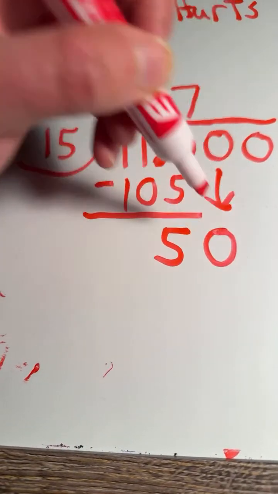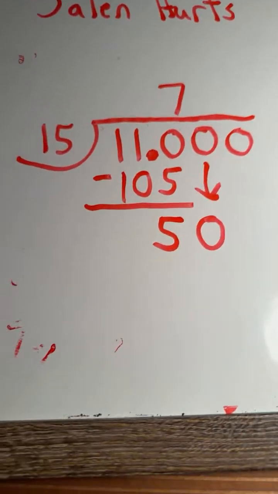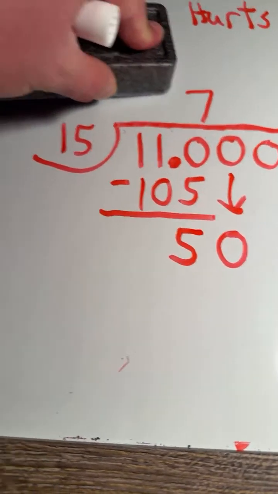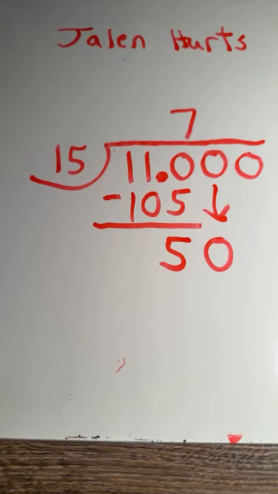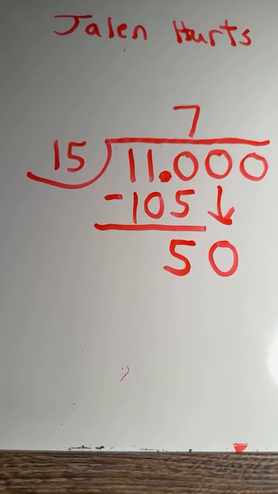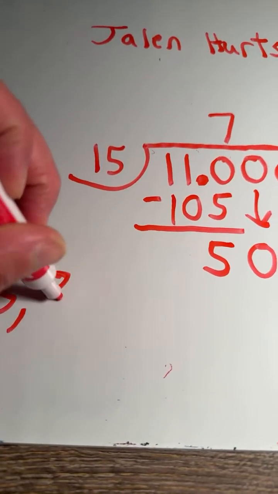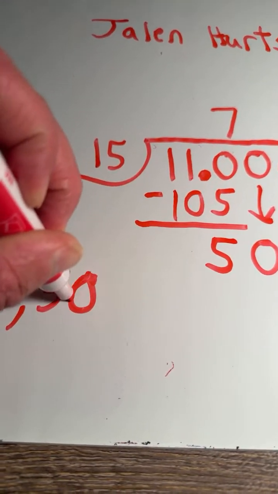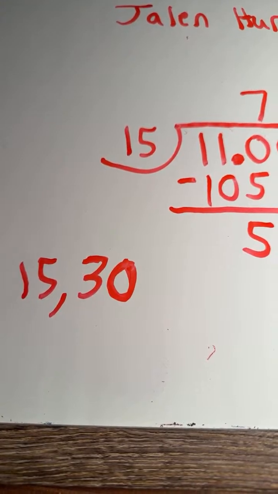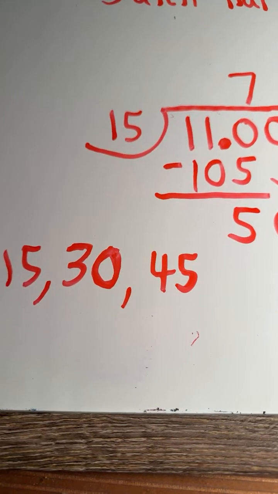We got to figure out how many groups of 15 now go into 50. So counting by 15s, 15, that's 1 group. 30, that's 2 groups of 15. 45, that's 3 groups of 15.